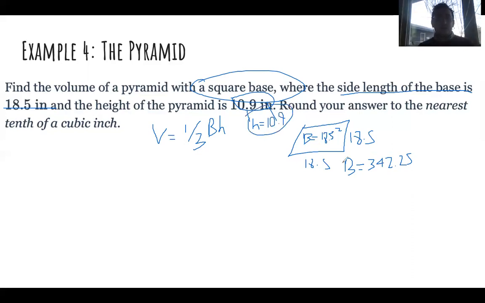So I spent a little time thinking about what my two-dimensional blueprint is going to be, and then I just find the height from the written problem. I'm going to write this as 1/3 times 342.25 times 10.9.